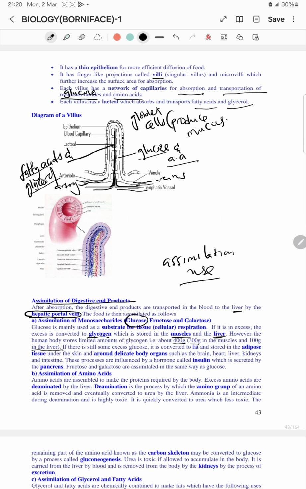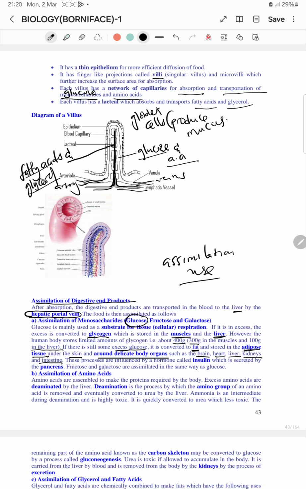Okay, if there is still some excess glucose, it is converted to fats and stored in the adipose tissue under the skin and around the delicate body organs such as the brain, heart, liver, kidney, and the intestines.